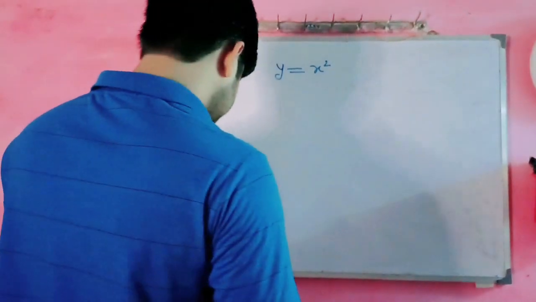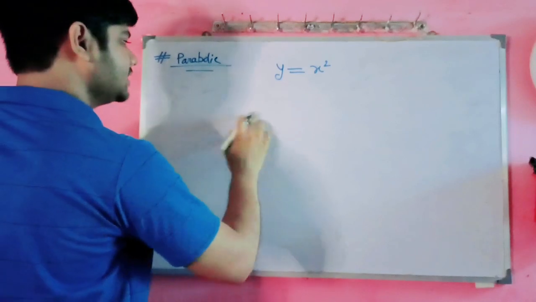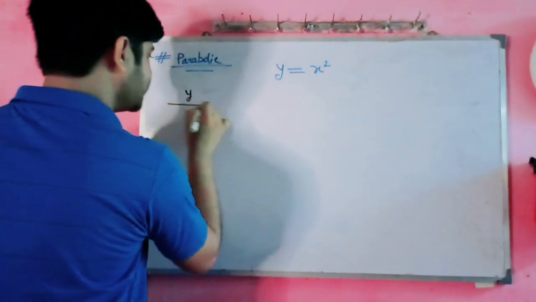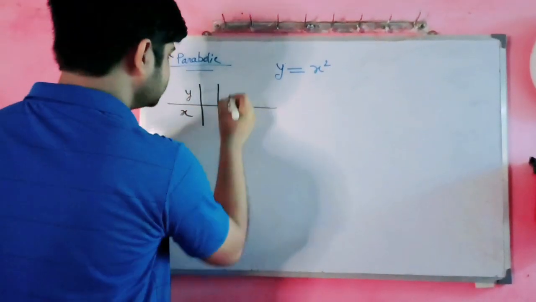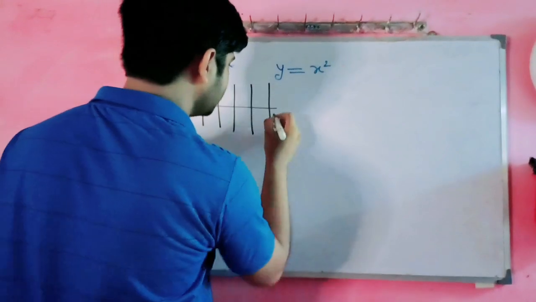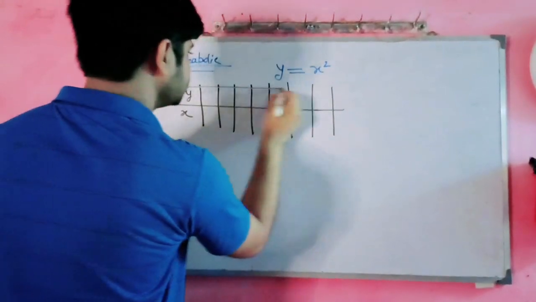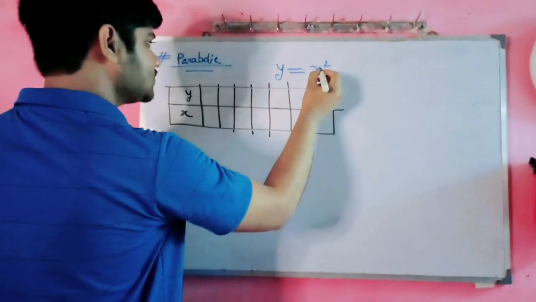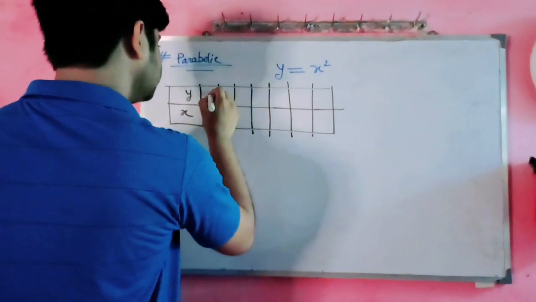Now in childhood we used to do a trick for plotting any graph. We used to write y and x, then put in the values of x one by one and evaluate the value of y. At first let us consider x equals minus infinity, so y will be positive infinity.